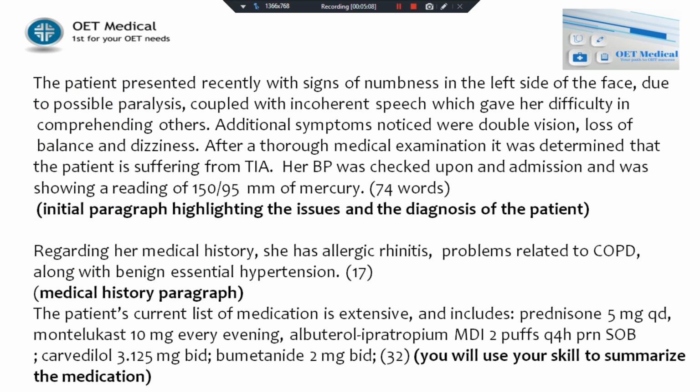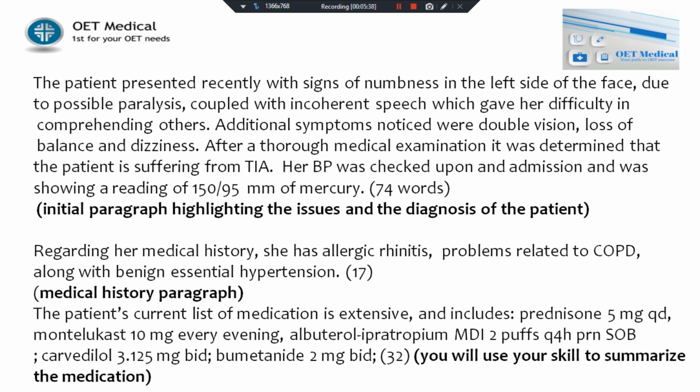So, what I've written here, which is the patient's present condition. Again, the most important information following my introduction. The patient presented recently with signs of numbness in the left side of the face due to possible paralysis, coupled with incoherent speech, which gave her difficulty in comprehending others.